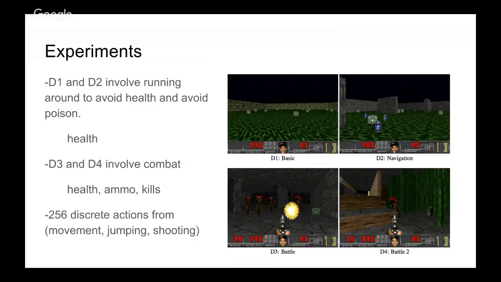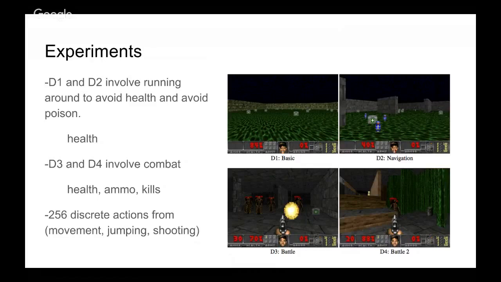Now, the D3 and D4 tasks both involve combat, and there they have 3 measurements: health, ammunition, and kills. They call kills frags for some reason. The only difference, in my understanding, between D3 and D4 is that D3 is in a simple environment, and D4 is more of a maze with obstacles and stuff.